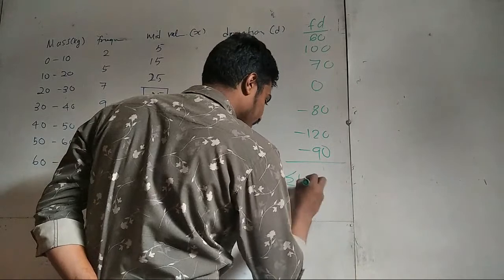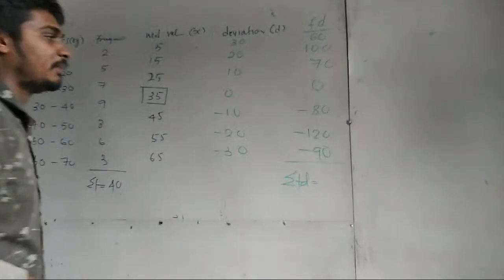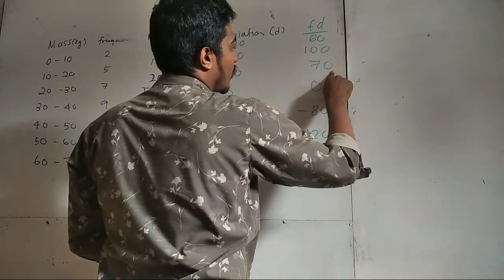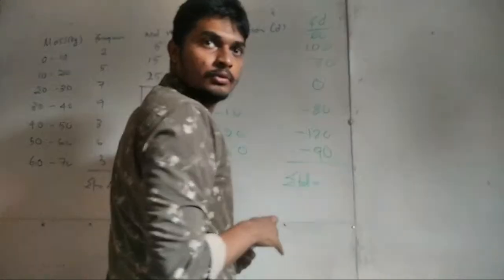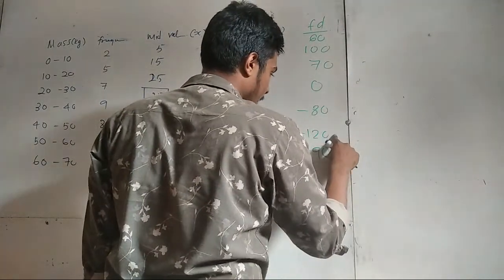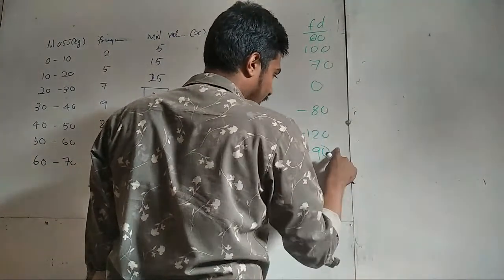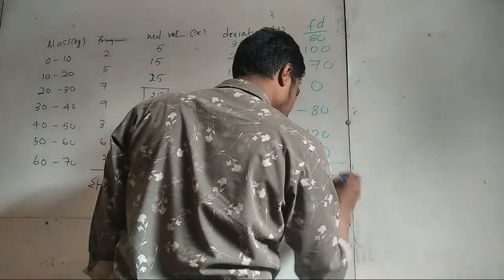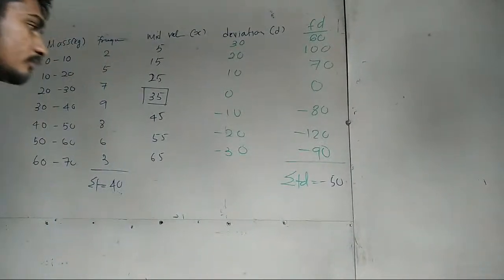So you can now add everything to get sigma fd. 60 plus 100 is 160, plus 70 is 230. Against that, minus 80, minus 120, minus 90 gives minus 290. So you get minus 50.